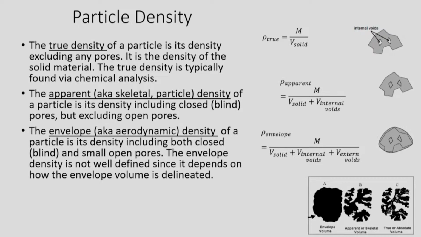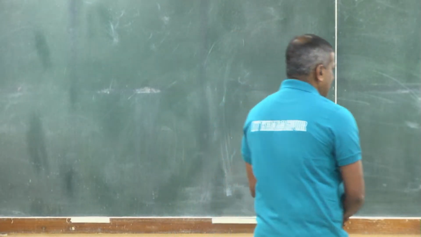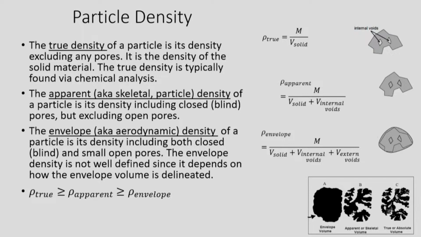These are the three common densities that we characterize for particles: true, then particle, and then envelope density. As I said, the true density value will always be the highest one, and the envelope density will be the lowest when we compare these three.